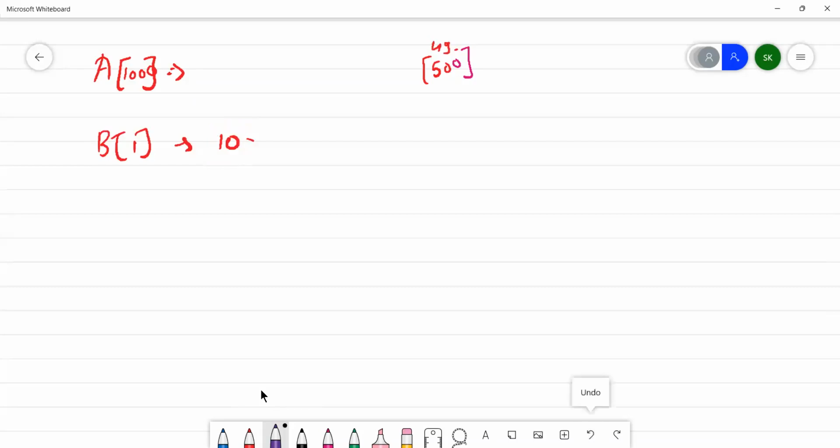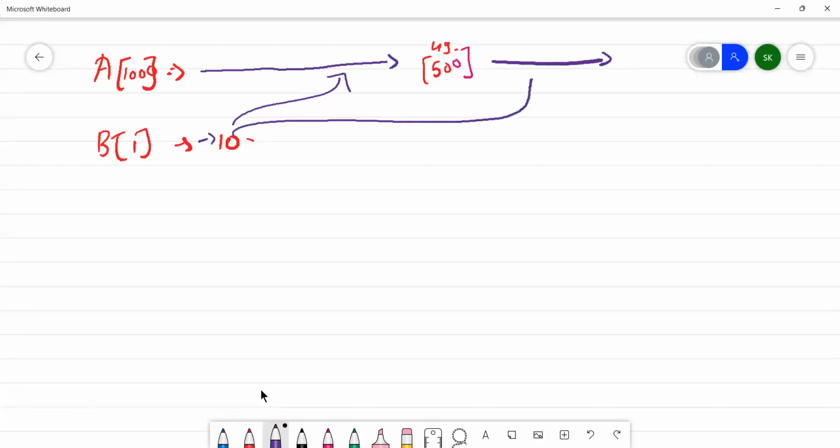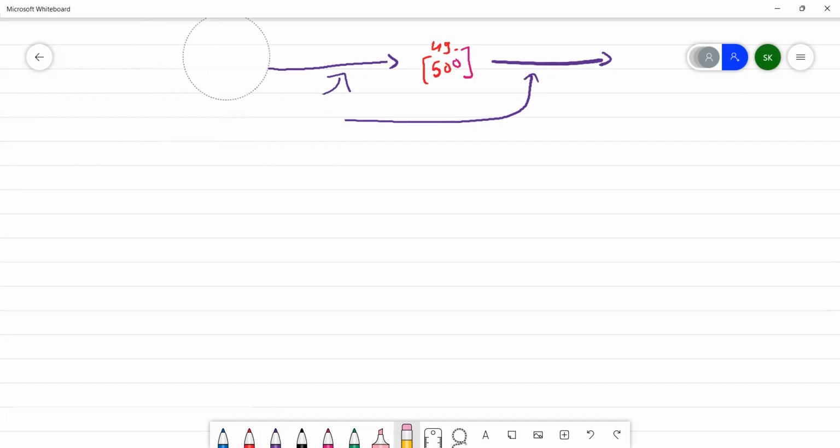This array is sorted, this is also sorted, and you have to give your middle element after joining both arrays in sorted manner. So you don't know whether this 10 will be inserted before the 500th element or after it. Then this will not work.